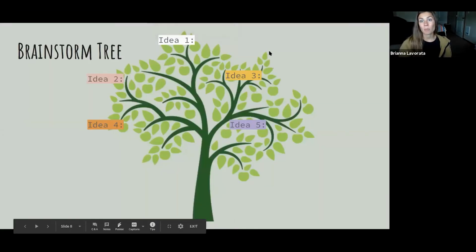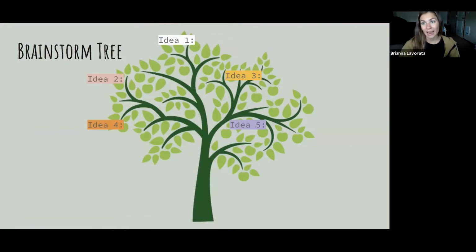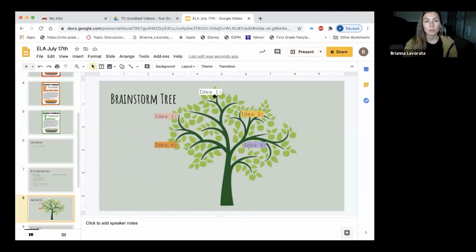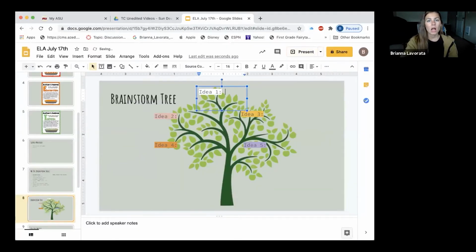We are going to come up with 5 different ideas to write an entertainment story together. I'm going to exit out of this, and idea number 1 here in white. If you have different ideas than me, that's okay. I'm going to model some ideas, and you can maybe think of the last 2 ideas on your own.